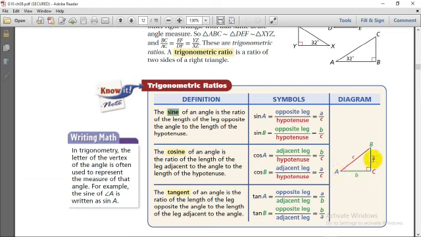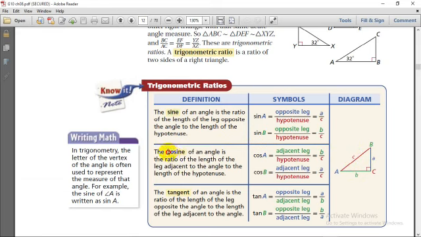It's a, small a. And what's the hypotenuse? It's opposite to the right angle, which is C. So it's a over c. Very good. But what about the sine of B? We said the sine is opposite over hypotenuse. Very good.